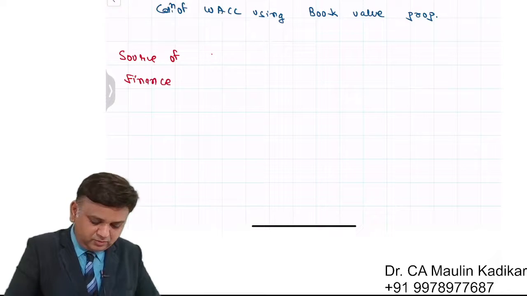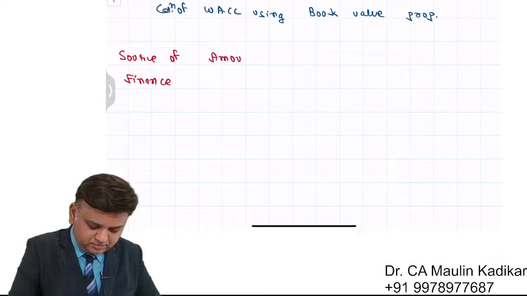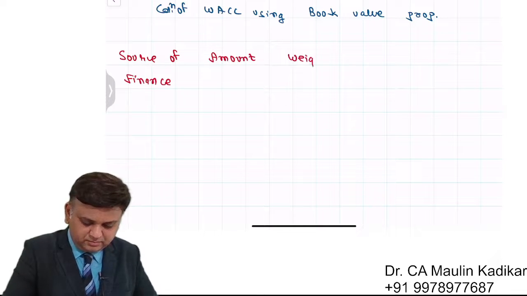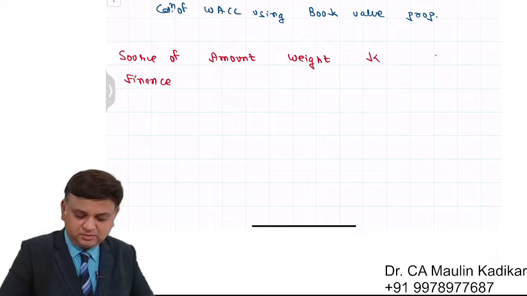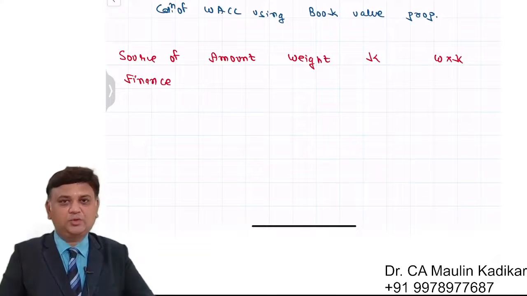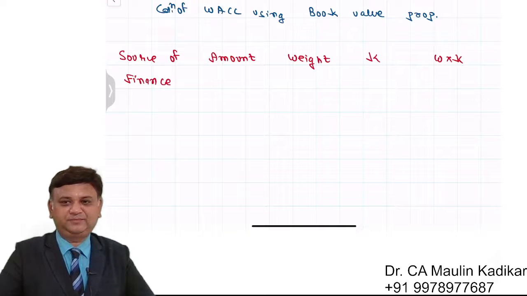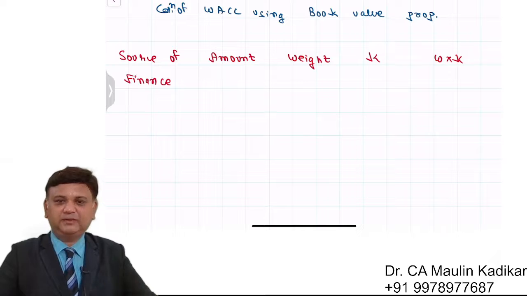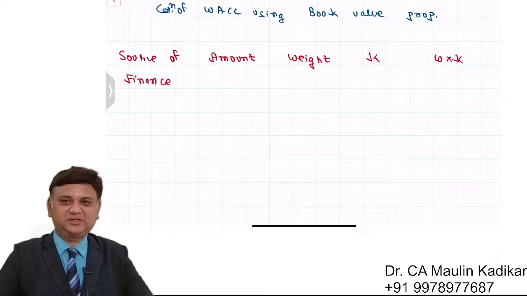Column number 2, amount. Column number 3, weight. Column number 4, cost. And the last column is weight into cost. That is the way the weighted average or overall cost of capital will be found. Try to calculate the answer and put your answer in the chat box.